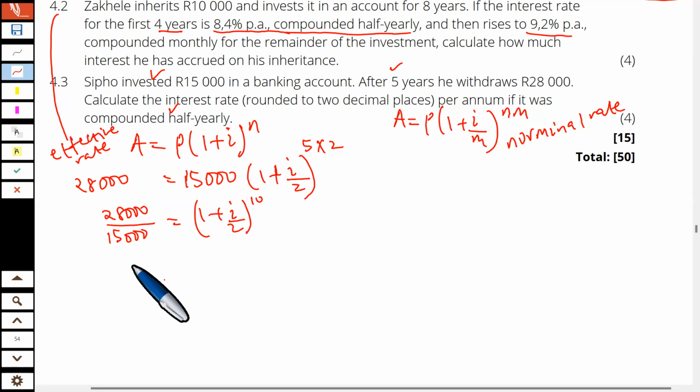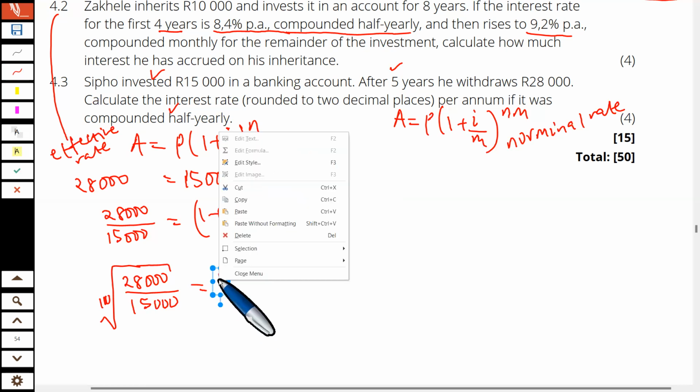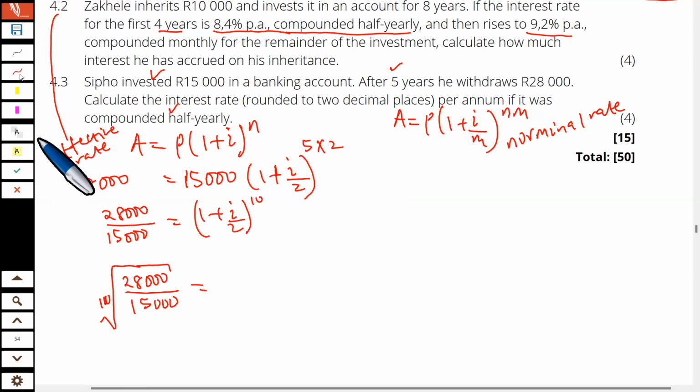To the power 10 here. Which means here you're going to have the 10th root of 28,000 divided by 15,000 equals 1 plus i over 2.